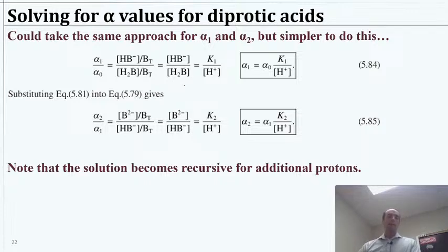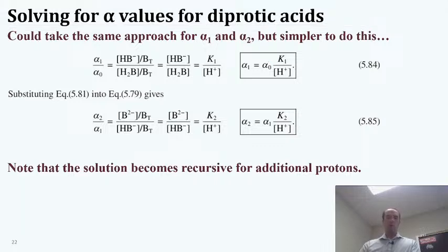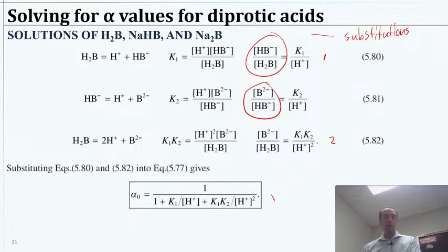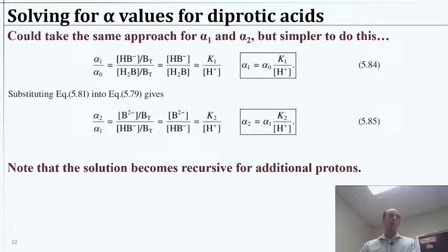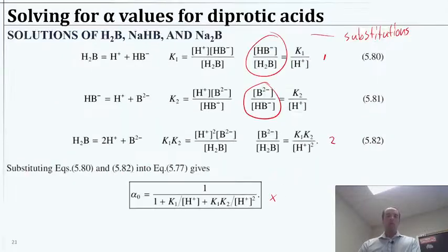So we can describe it this way and ultimately get alpha 1 divided by alpha 0 is equal to K1 divided by H plus. So that would say we can get alpha 1 by writing alpha 0, which was the equation we just found here, and multiply that by that K1 divided by H plus. So that would end up putting us at K1 on top, which we could probably divide from the top and the bottom, and an H plus on the bottom, which we'll multiply across.